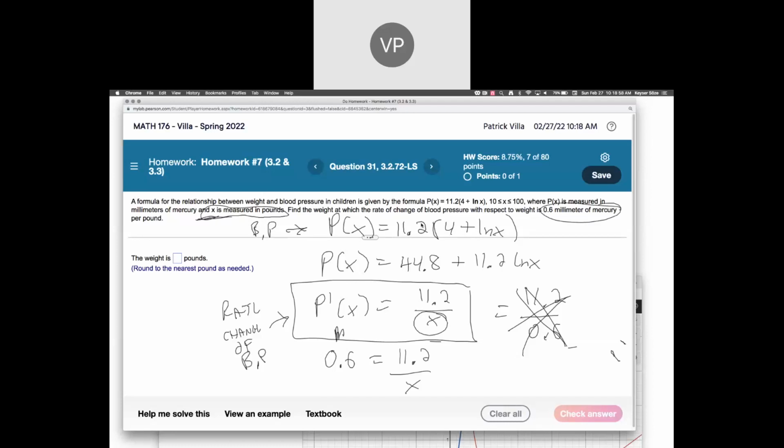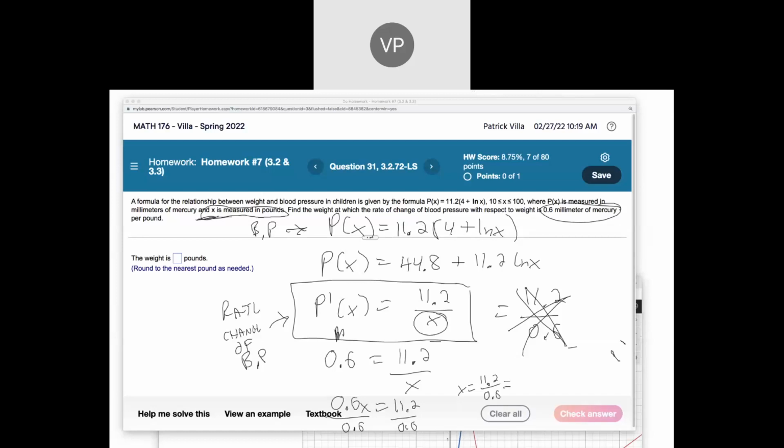So now we multiply both sides by x. Then we divide both sides by the 0.6. And we get x equals 11.2 over 0.6. And we're going to get the decimal for that. And they say round to the nearest pound, so when I get the calculator out, I'm going to get a long decimal. I just have to remember to round that to the nearest whole number, the nearest pound.